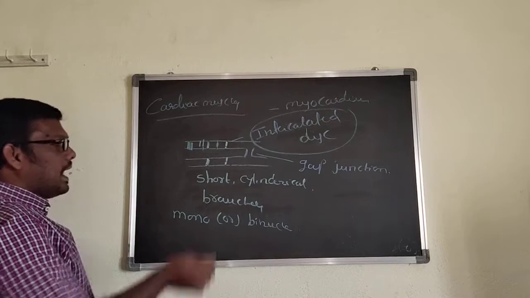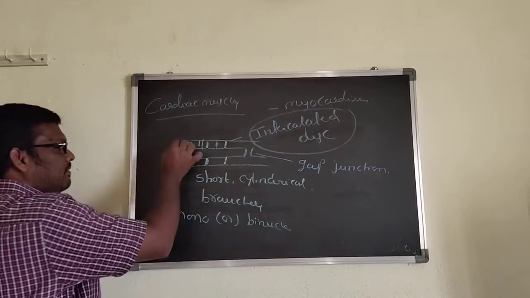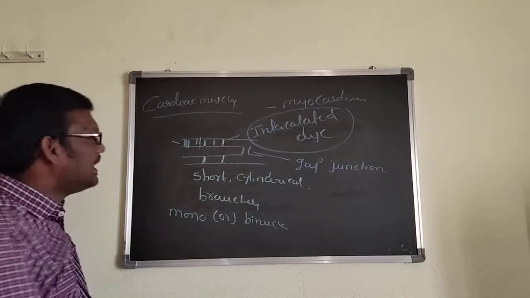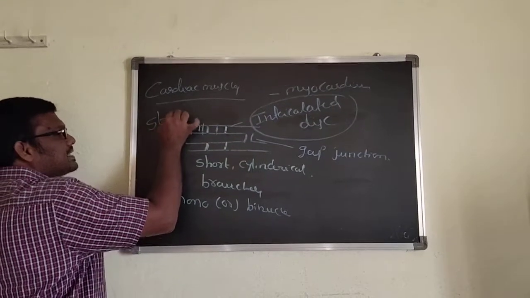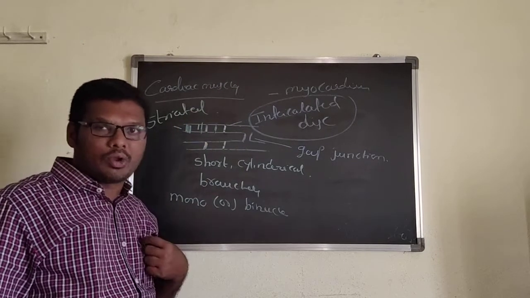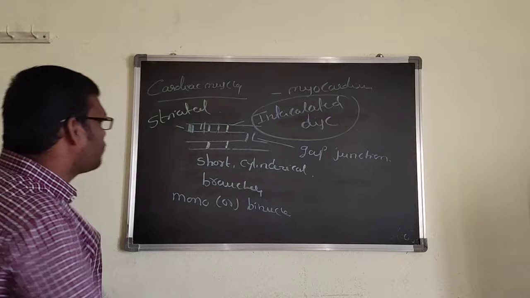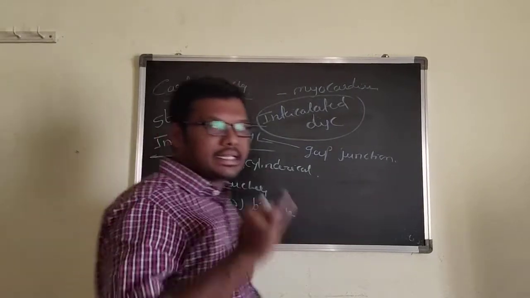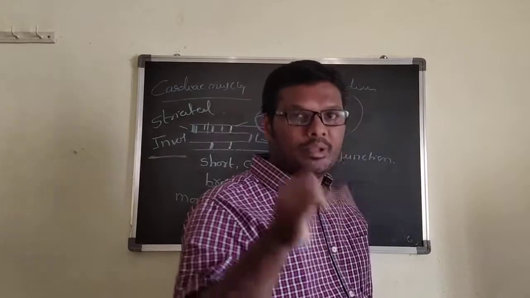Cardiac muscle also has dark bands and light bands alternating, which indicates the proteins myosin and actin. That's why its appearance is striated or striped. Is the heart under our control? No, it is not under our control. That is involuntary nature. Keep in mind, skeletal muscle is striated, voluntary.